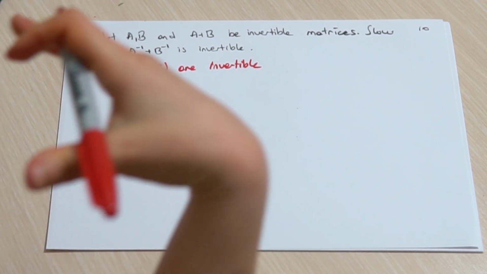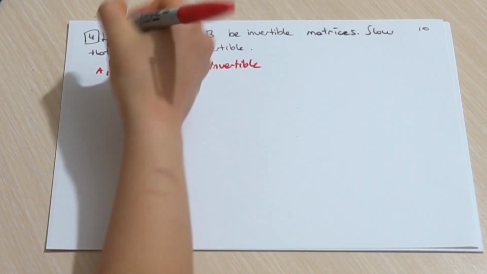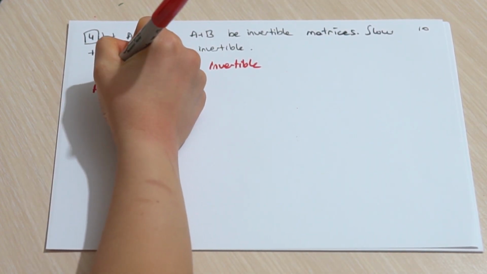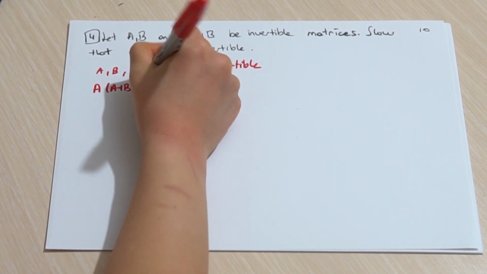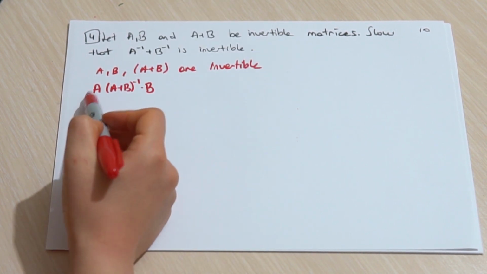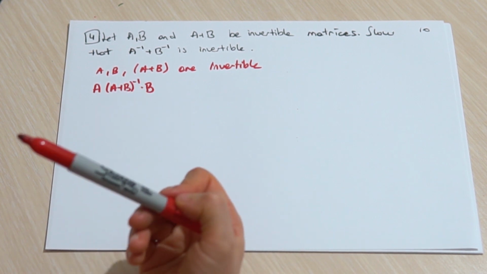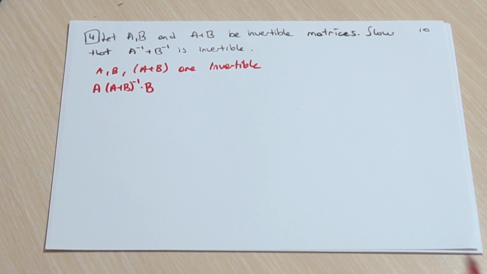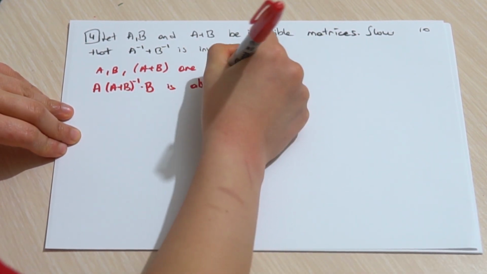So this means that there exist A inverse, B inverse and A plus B inverse. And let's look at this one: A times A plus B inverse times B. So since A is invertible, A plus B inverse is invertible and B is invertible, this is the product of invertible matrices. So this is also invertible.